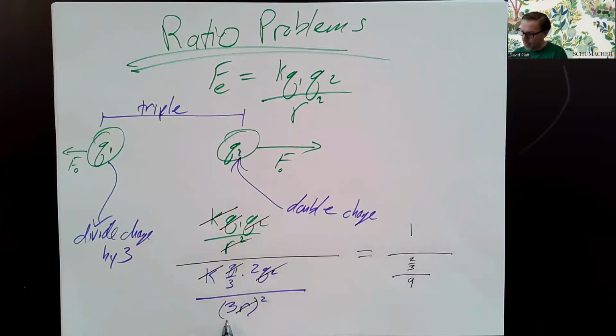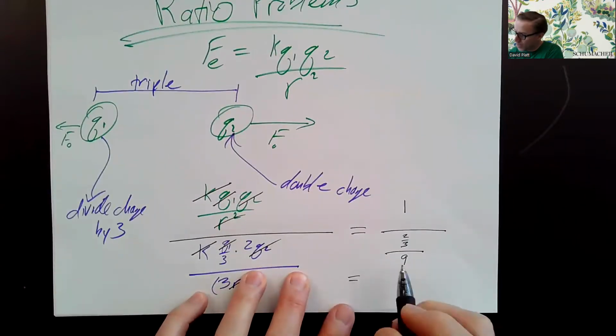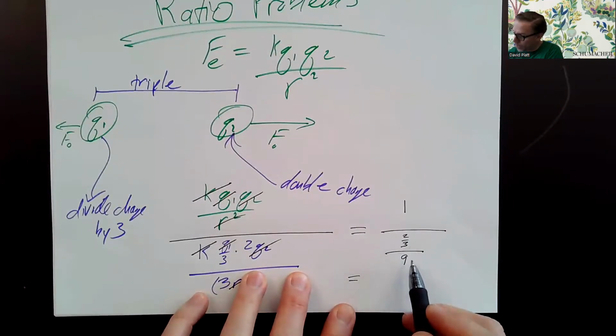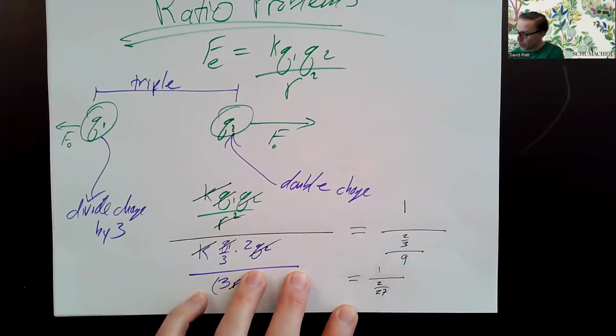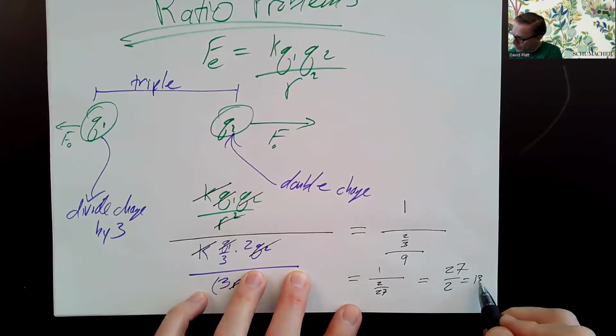Do you see that that's a 9 because it's 3 squared? You see it? And then 2/3 over 9 is 2/27. 9 times 3 is 27, so 1 over 2/27 is 27/2, which is 13.5.